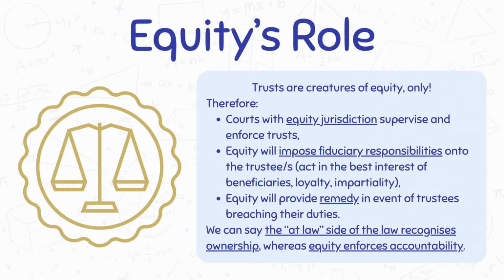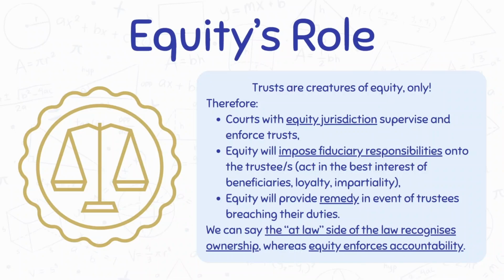So it also means that equity will impose fiduciary responsibilities onto the trustee or trustees if they're more than one. And then it also means that equity will provide a remedy in the event that the trustees breached their duties, for example. So it will be the equitable remedies that will be used to correct any disputes.